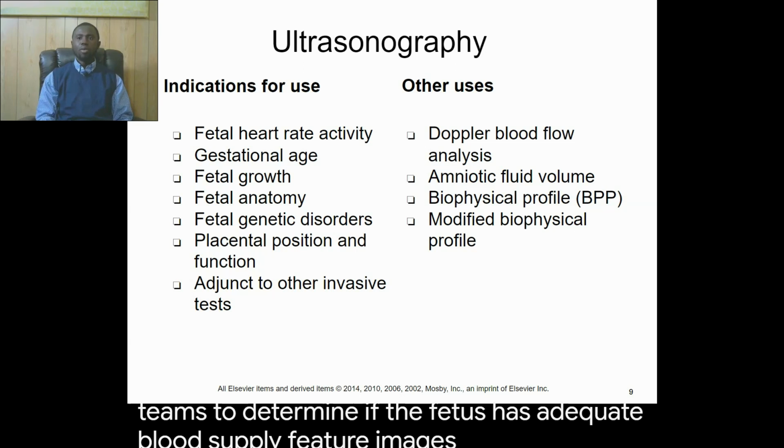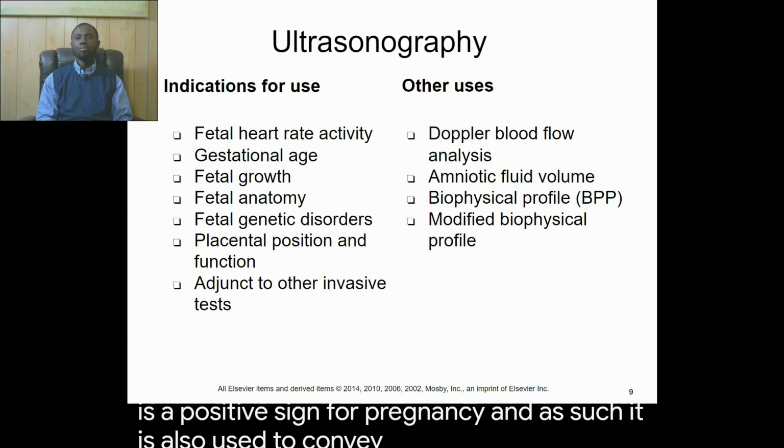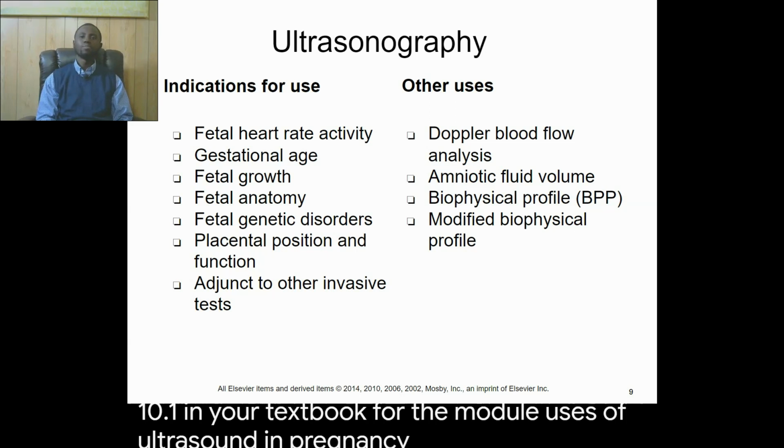Fetal images from ultrasound are a positive sign for pregnancy, and as such, it is also used to confirm pregnancy. See Table 10.1 in your textbook for the major uses of ultrasound in pregnancy.